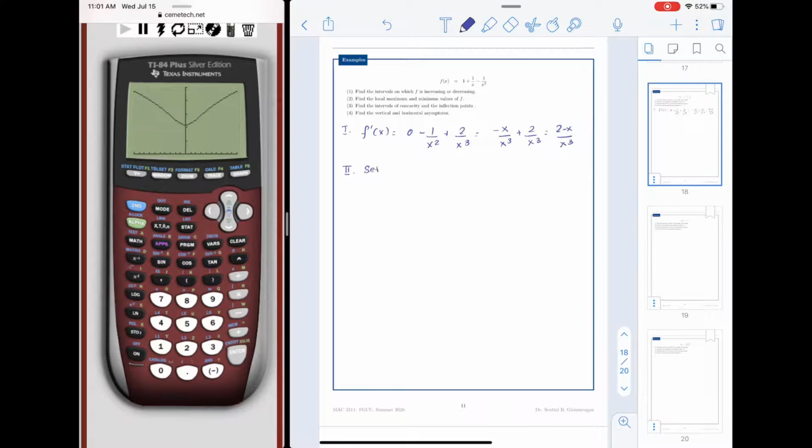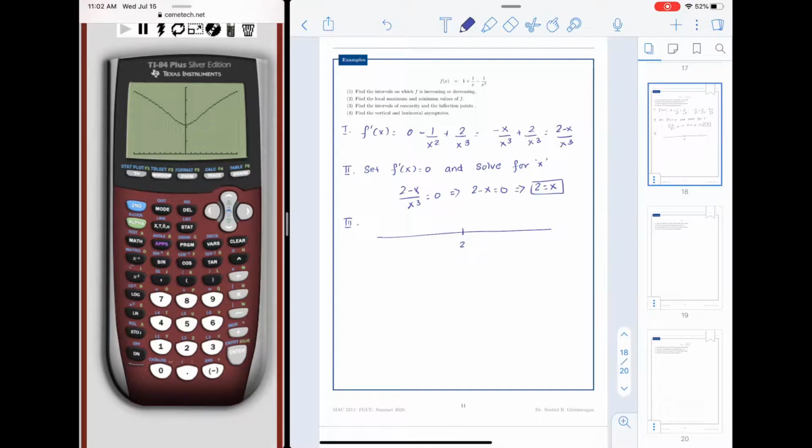Set f prime of x equal to 0 and solve for x. So 2 minus x over x cubed would equal 0, which would imply 2 minus x is equal to 0. That would imply 2 is equal to x. So that is our critical value.